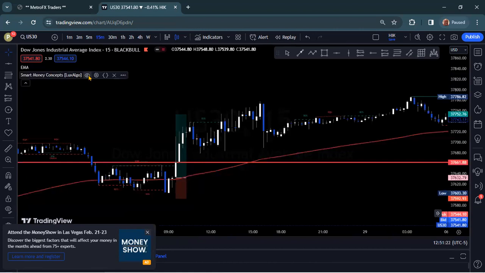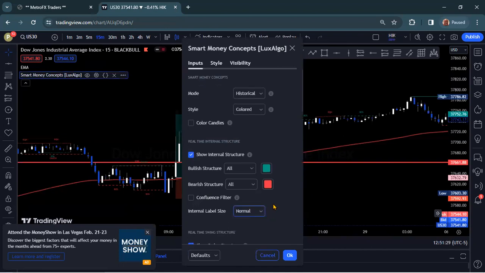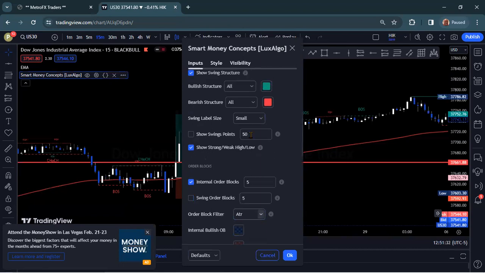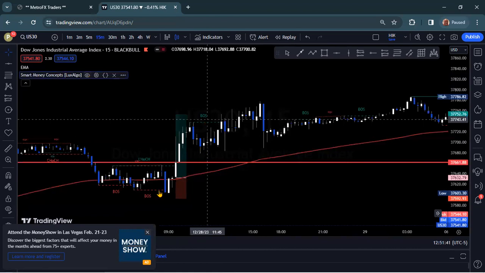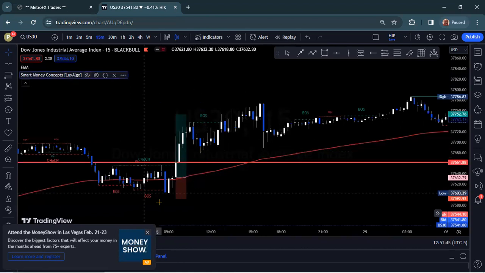So let's make it bigger so you can see that. Go to settings. Whenever you see the word tiny, you're going to make it normal. So you're going to make it normal so you can see on the chart the breaks of structure, either on an upswing or a downswing.